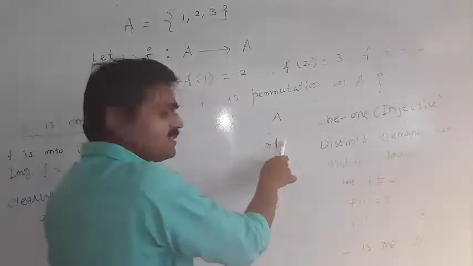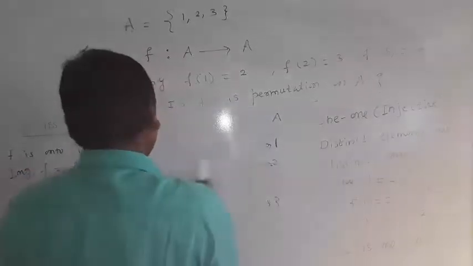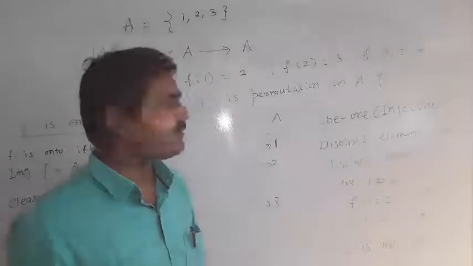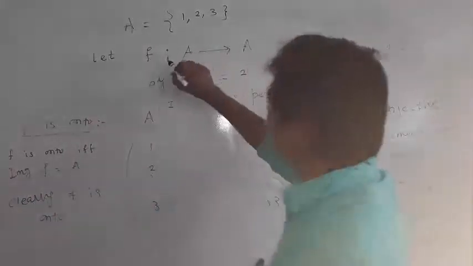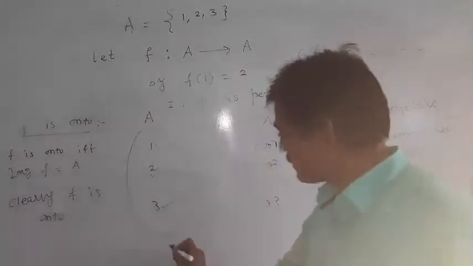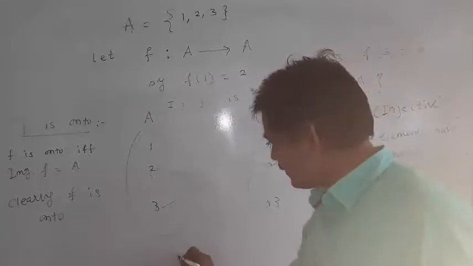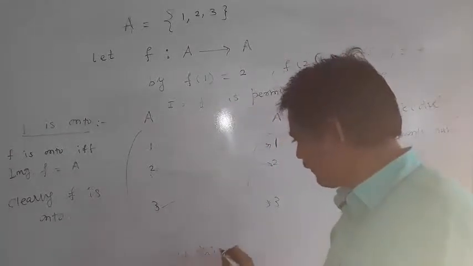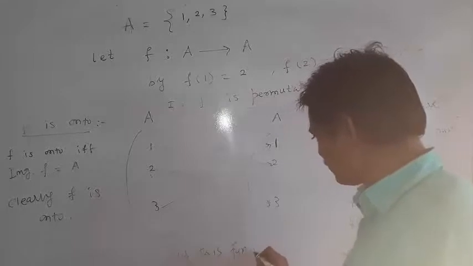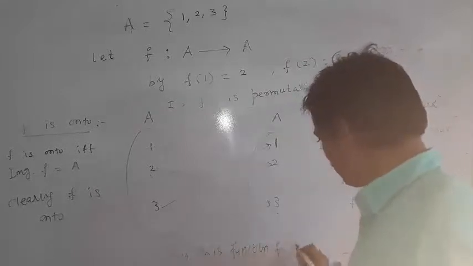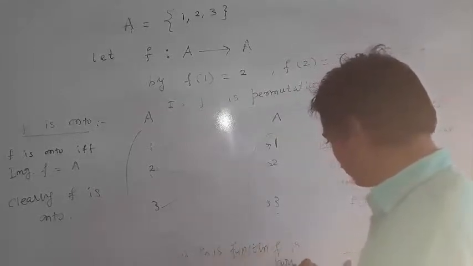Each element in this set A has an inverse image. Therefore this function f is onto. So this function f is a permutation.